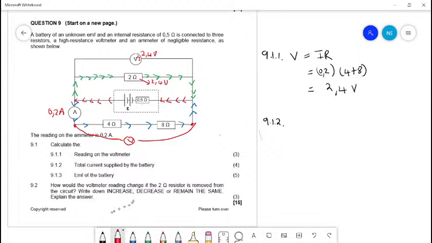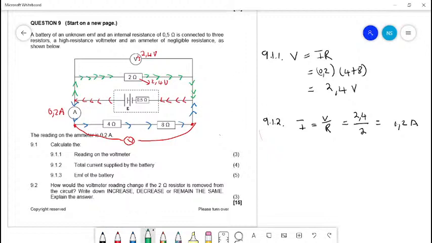So we know the voltmeter reading for the 2 ohm, so we need to calculate the current. The current will be given by V over R. So the voltmeter reading there is 2.4, and the resistance is 2, so the current will be given by 2.4 divided by 2. That will give us 1.2 amps. So it means that the current that goes to the 2 ohm resistor is 1.2 amps.